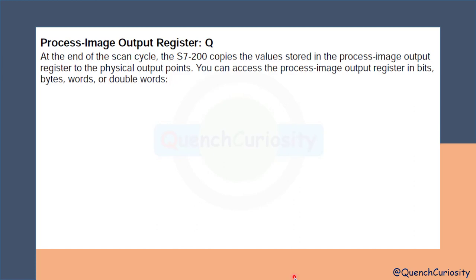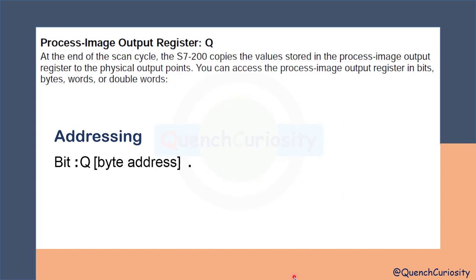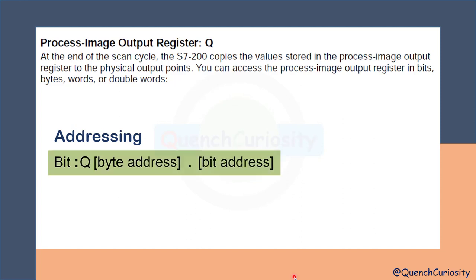Now let's see the addressing format. For a bit address, first we have a file identifier. For an output address, the file identifier is Q, followed by the byte address, then a dot, followed by the bit address. As you can see, there is quite a good resemblance between the input register and the output register.